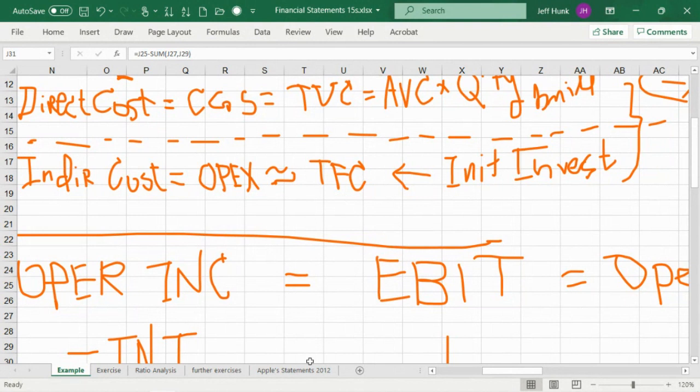During the first 2 years, there's no revenue because we are still at the construction stage. Two years later, the plant is finished, and only from then will the business generate income.